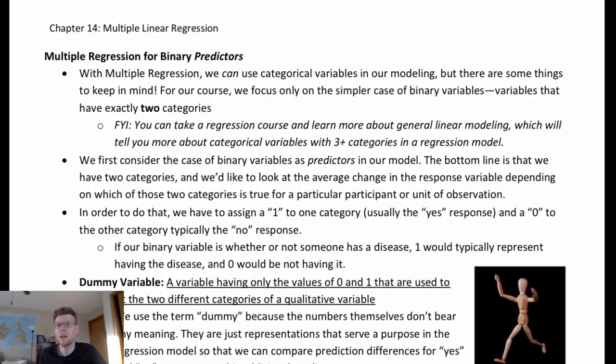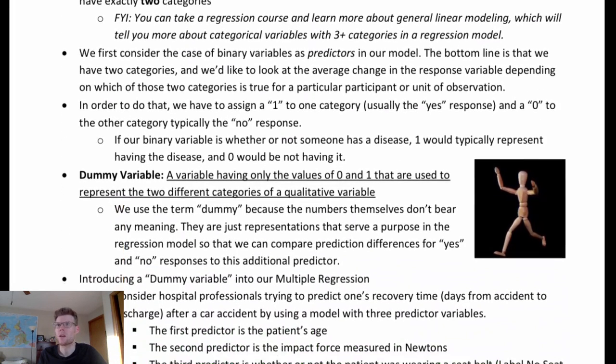So what's going to happen here is we're going to assign one of these categories, one of these levels, to be 1 and the other to be 0. And then whether or not the 1 category is true determines if we make an adjustment to our prediction. And if the 0 category is true, then there is no adjustment to be made, and the model as it stands is going to represent that 0 level.